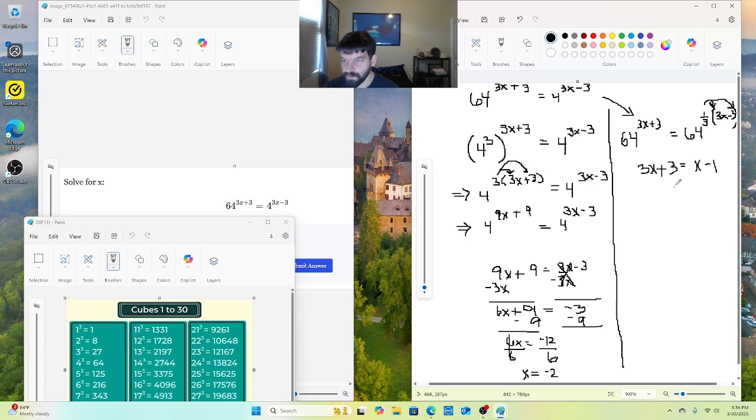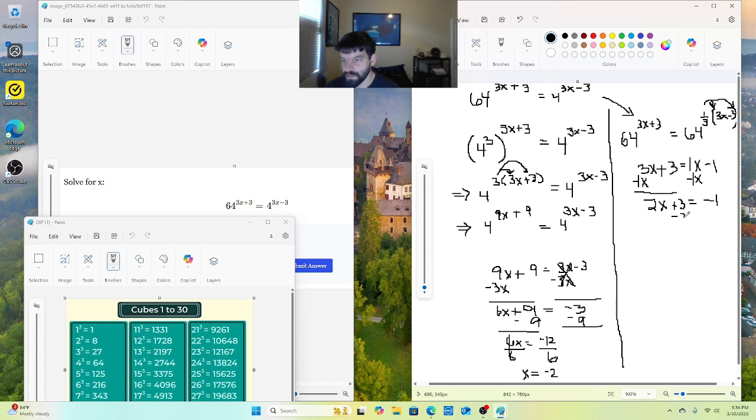And 1/3 times 3 is 1, so that's going to be x minus 1. And then we solve. First we subtract x from both sides. Remember that the coefficient understood on x, even though it doesn't have one, is an understood 1. So we can subtract 1x from both sides. We'll get 2x plus 3 equals negative 1.